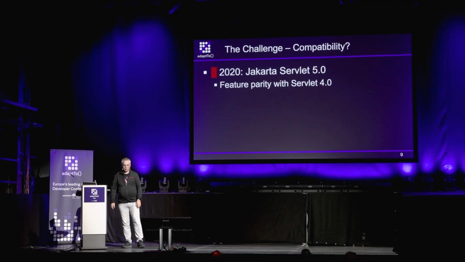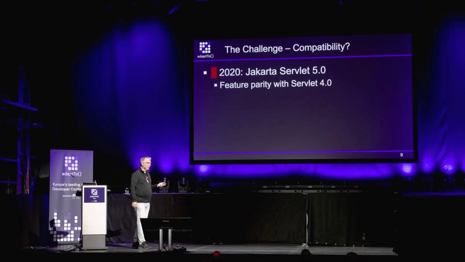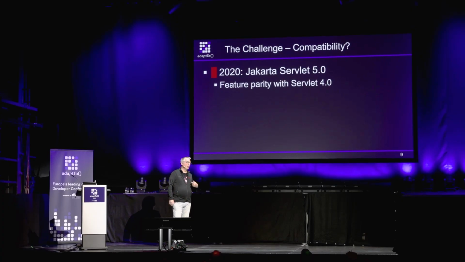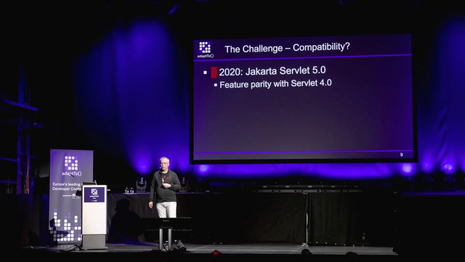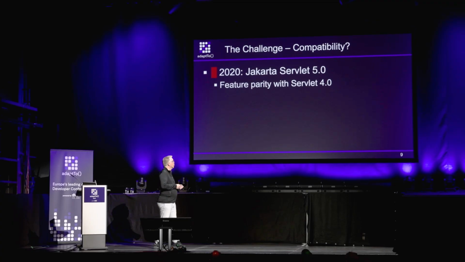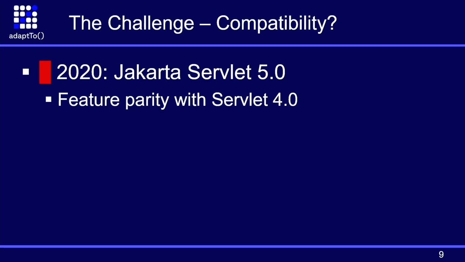Because when Oracle decided to dissolve the JCP, the Java Community Process, and donate the specifications to the Eclipse Foundation, that took some time, but in the end, Oracle said, yeah, you know, we own the trademark on JavaX, right?